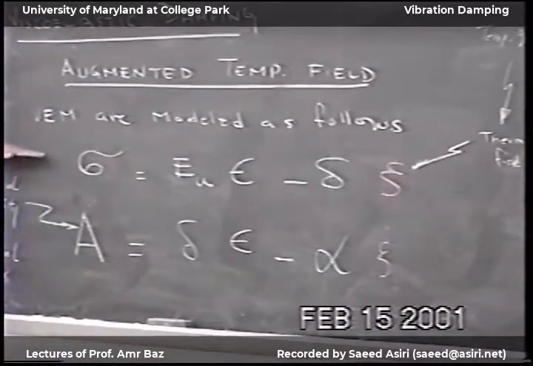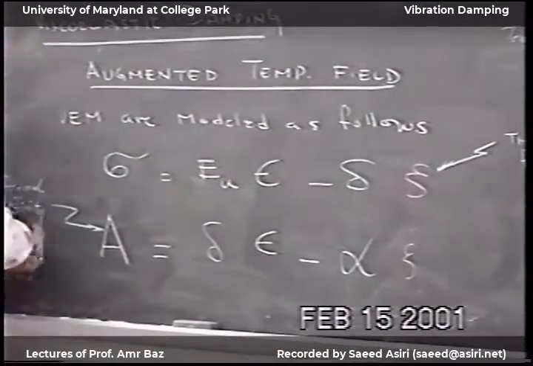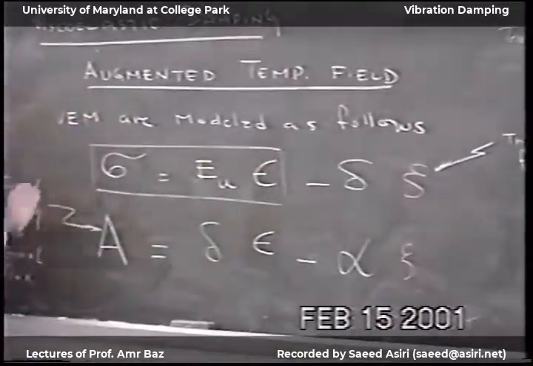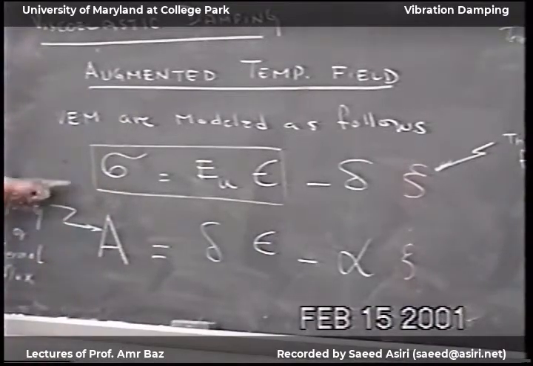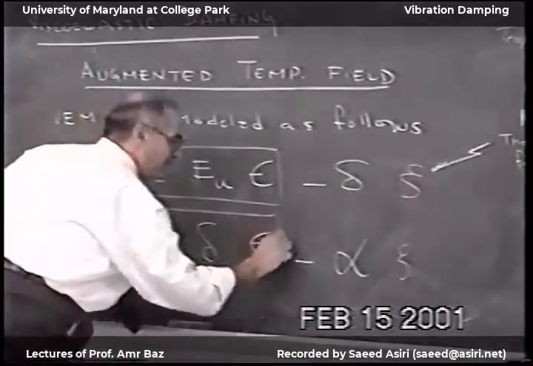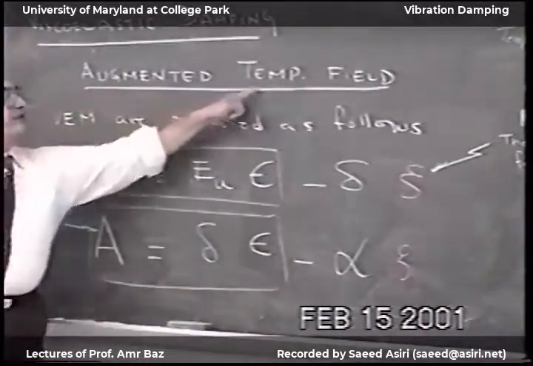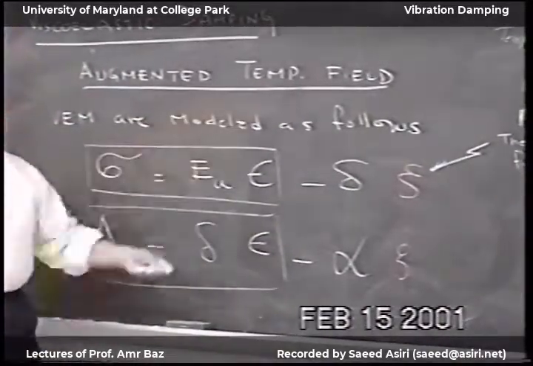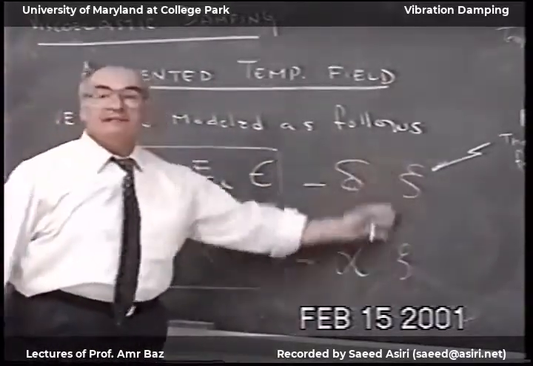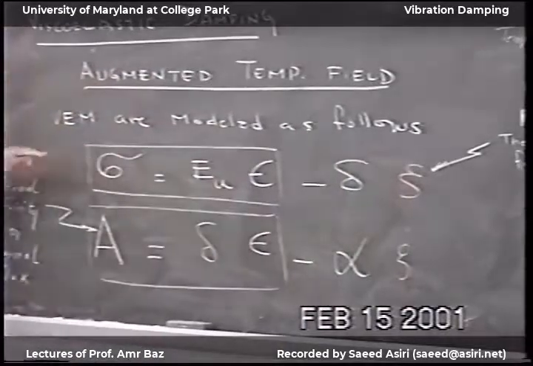The top equation is a mechanical equation. Now, we augmented this with a thermal equation. I added a parameter, which is the field, and I augmented it with the mechanical system.